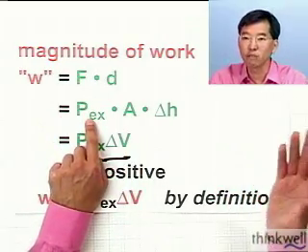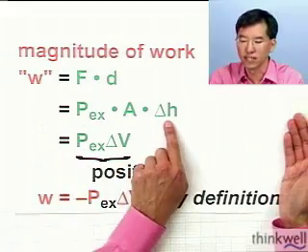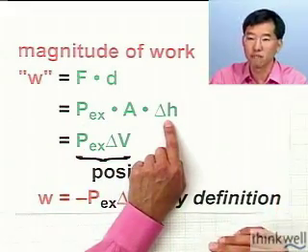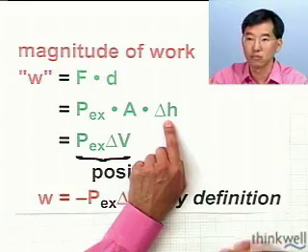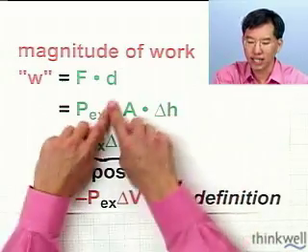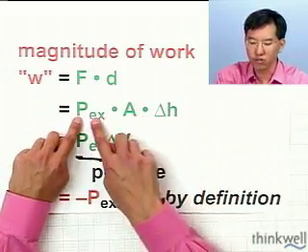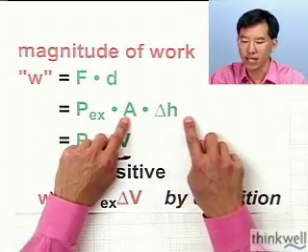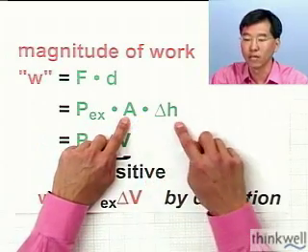And how far did we move that cylinder? We move the cylinder delta H, the change in height, which is the final position of the piston minus the initial position of the piston. Now, this expression here, where F was equal to Px times A, let's rearrange it and group the A, the cross-sectional area, with the change in height.